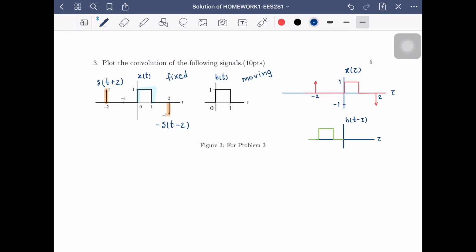So we can see that we got the orange part and the blue part, let's say v(t), which is equal to 1 when t is greater than or equal to 0 and less than or equal to 1, and 0 otherwise.